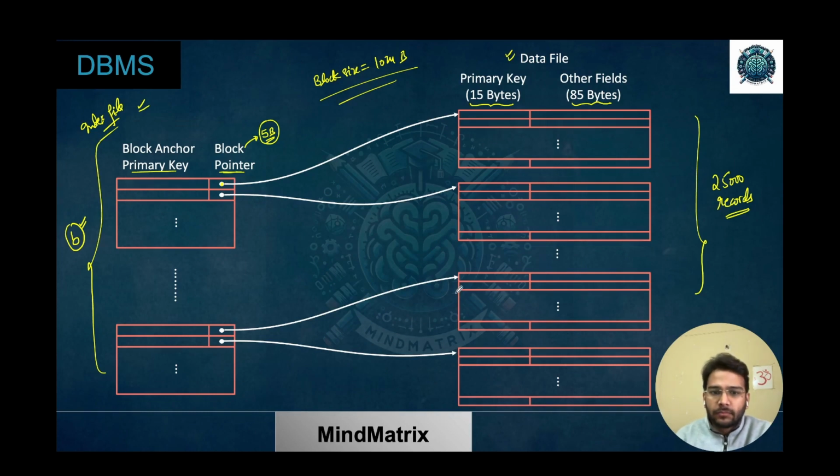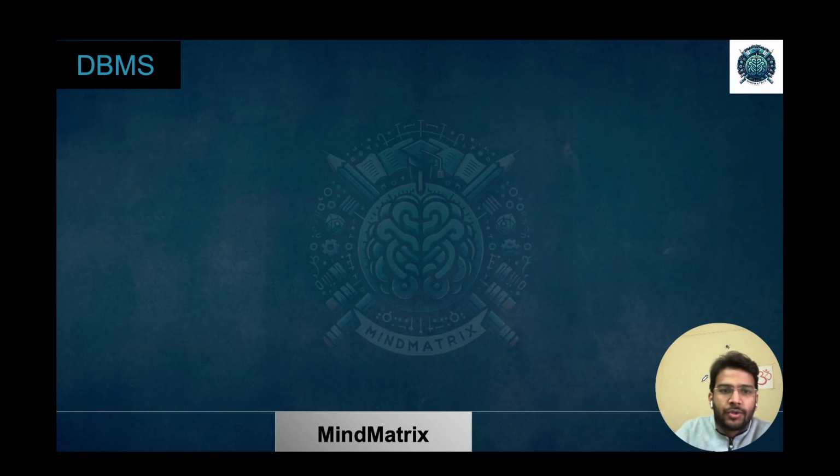Now let's solve this question. So here, first of all, we have the number of records given to us, that is 25,000.